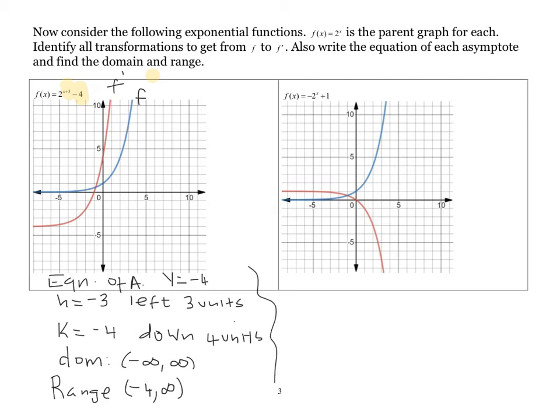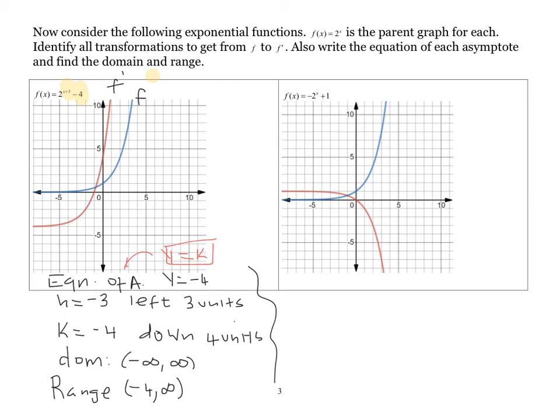That's the line which is being approached. If I summarize that, the asymptote is given by y = k. That's how I get the equation of the asymptote.